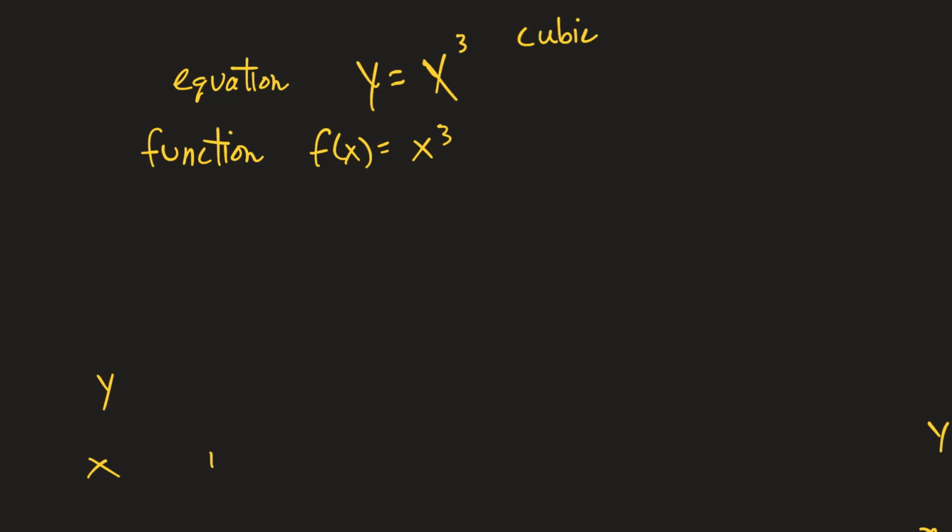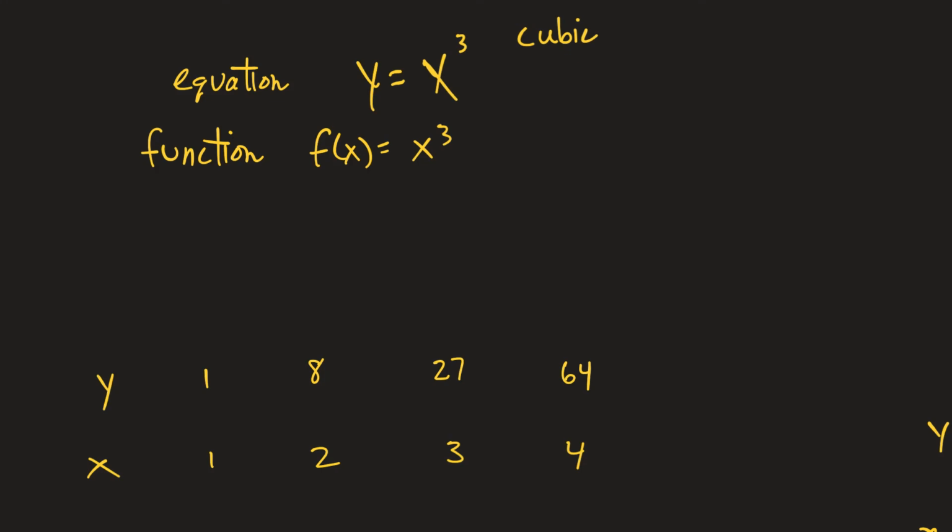That's just going to be 1. What if I had 2? 2 times 2 times 2. That is 8. 3. 3 times 3 times 3. That is 27. 4. 4 times 4 times 4 is 64. So this is all dealing with the x cubed, okay?